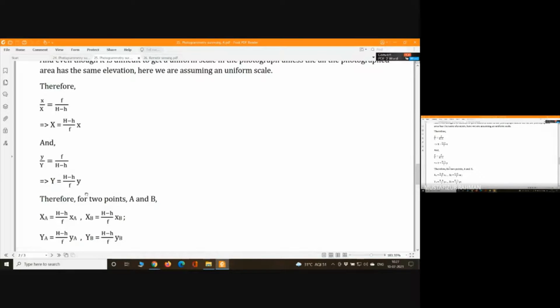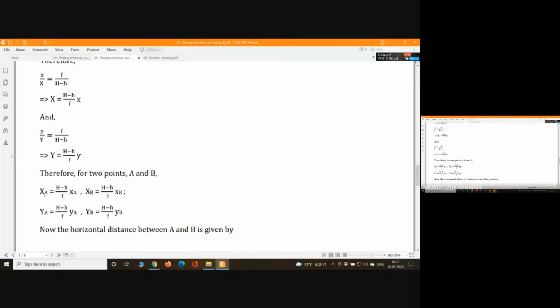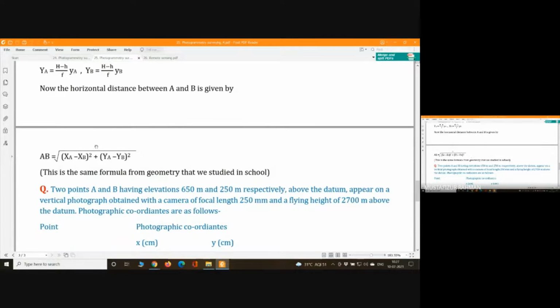Now, you have all the coordinates. Capital XA, if you write for the A point, is the ground coordinate for the A point, and small xa is the coordinate in the photograph, right? That way we can have coordinates of A point, B point, C point, any point. Now we have a very basic formula that we already know to find out the distance between any 2 points.